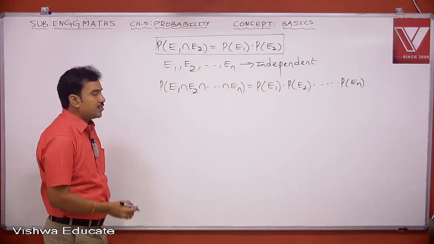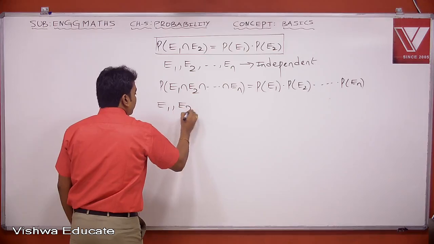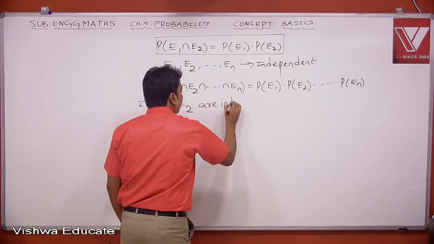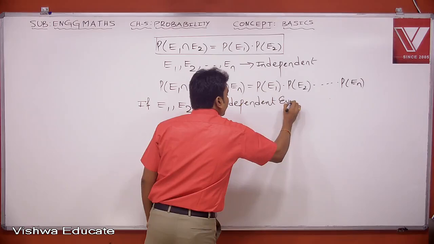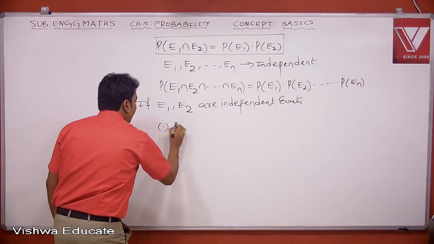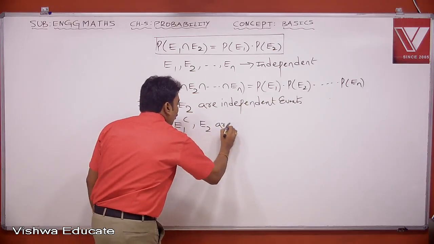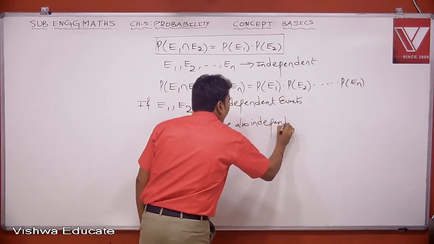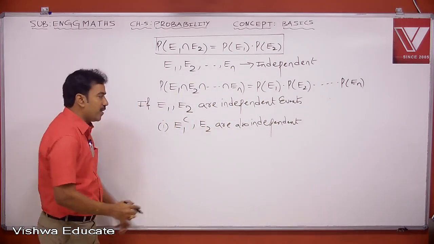And second point is, suppose E1, E2 are independent events, then we can make a few comments. One comment is E1 complement, E2 are also independent.